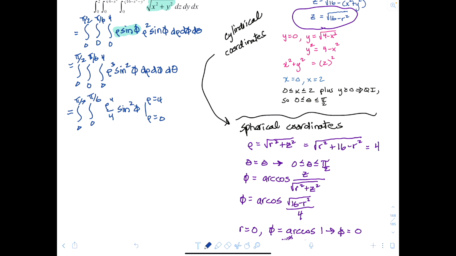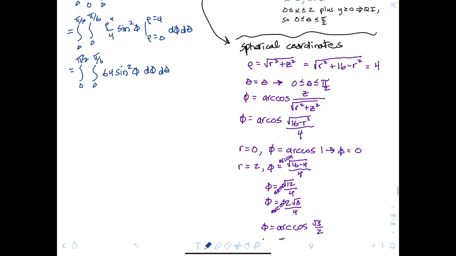And so notice our lower limit is going to be 0. And so that's going to give us the integral from 0 to pi over 2, integral from 0 to pi over 6. Let's see, I think we'll get 64 sine squared phi, and so now we'll have d phi, d theta.